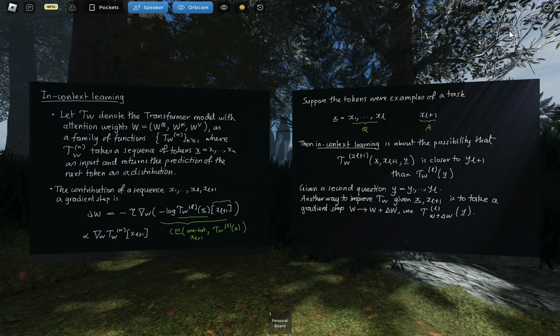So the question is these two ways of making use of the example. One is to stick it in the context and by currying get a new function. And the other is to actually take a gradient step and thereby get a new function. Maybe those two functions are similar, and if they were, then you would say that in-context learning is a form of gradient descent. So let me state it as a question, formally.